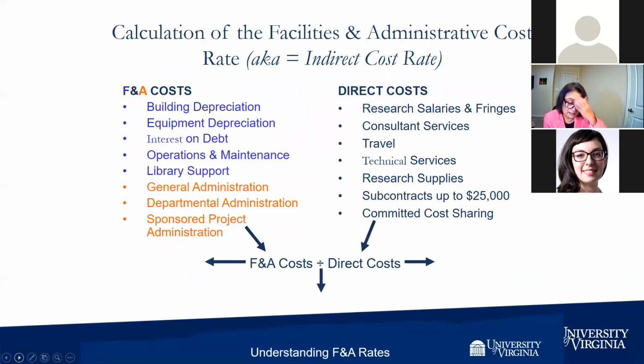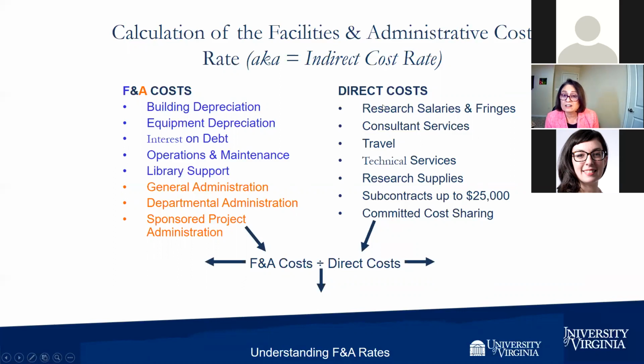So this is how we show it: the blue letters are F costs. They belong to the F cost pool, and the A component are in the A cost pool. So the F&A cost pools are divided by direct cost.